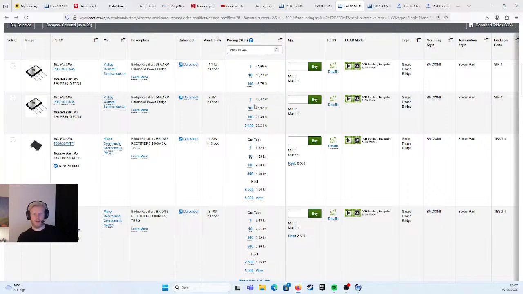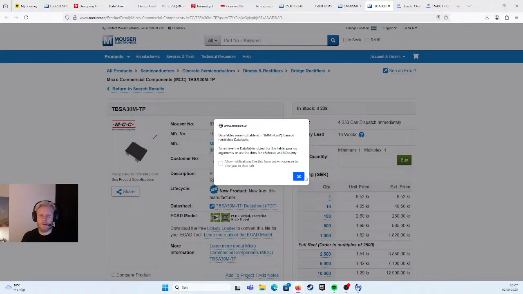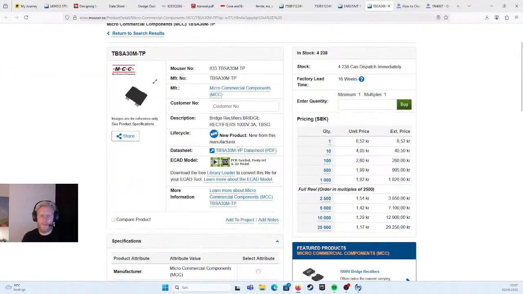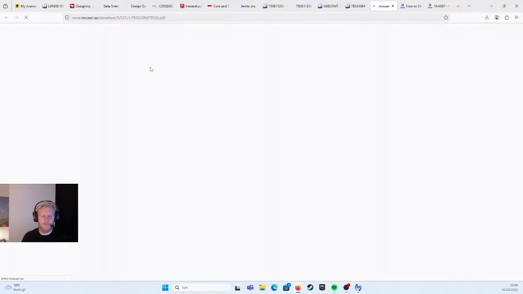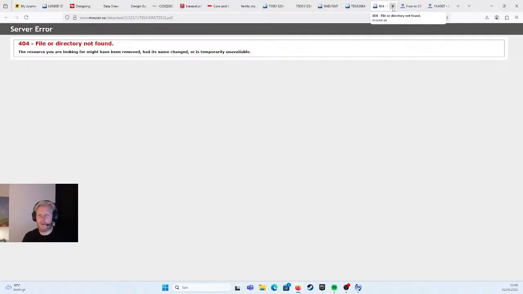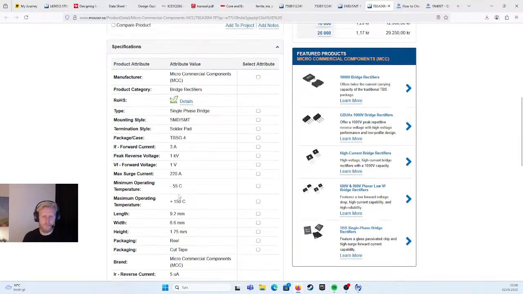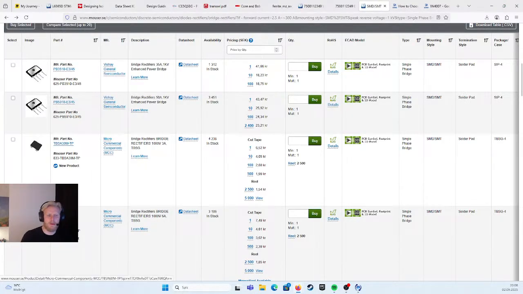These are quite expensive. The bridge rectifier alone, 43 crowns. Okay. What is going on? TBS G4. What about this one?